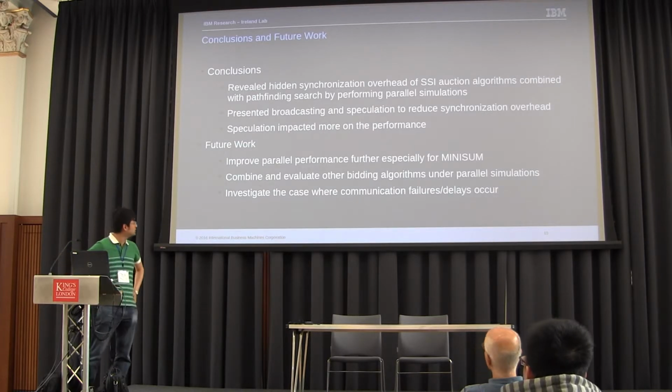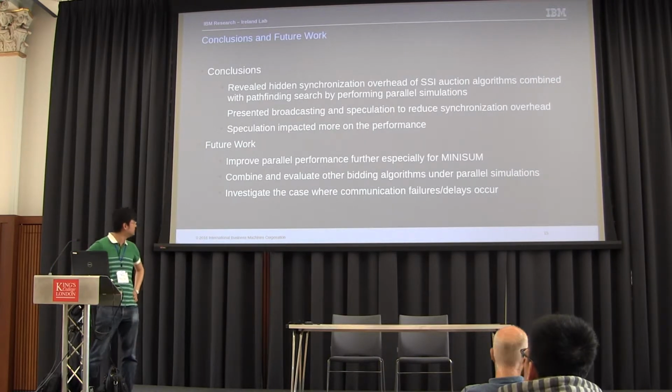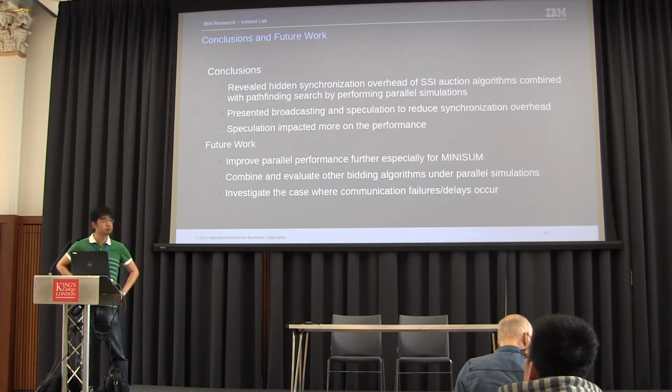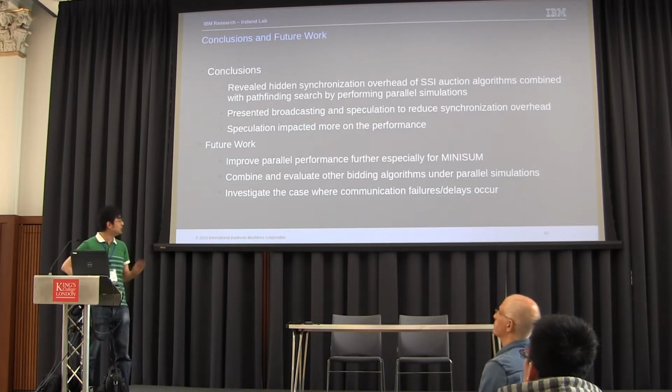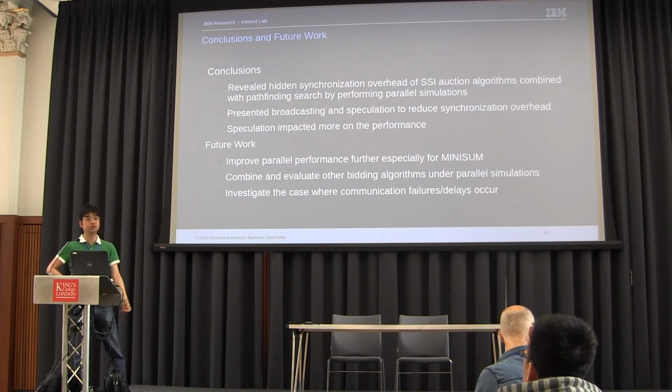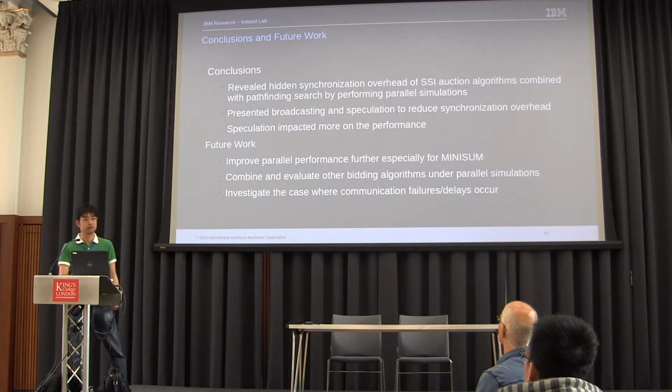As future work, one clear thing is that we want to improve the parallel performance further, especially for mini-sum. Another thing is that there are many other bidding algorithms that perform more complicated computation, and we want to combine this kind of approach with more complicated bidding algorithms that return a better approximation rate to the solution.